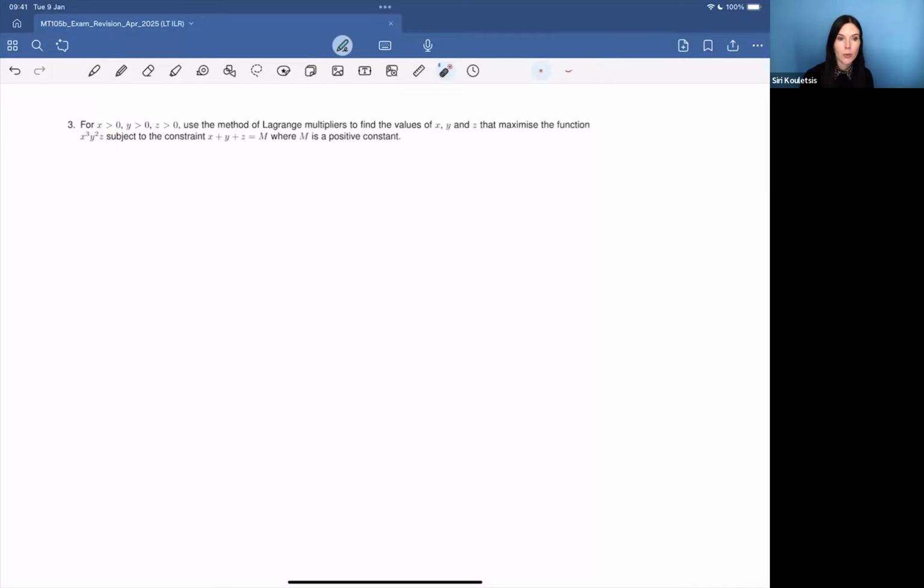But we have a constraint, which is that x plus y plus z must equal m, where m is a positive constant. So first of all, when you see something like this, think of m as simply a given number. So we're solving it for all m, where m is some positive constant, but think of it as given.